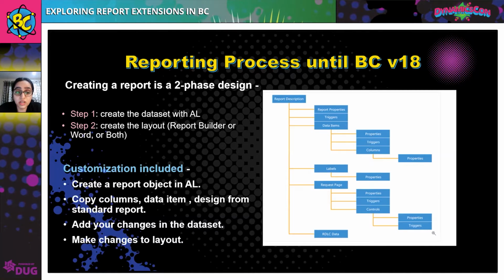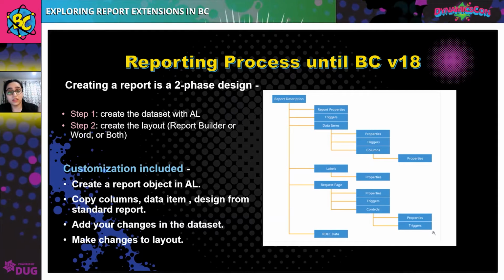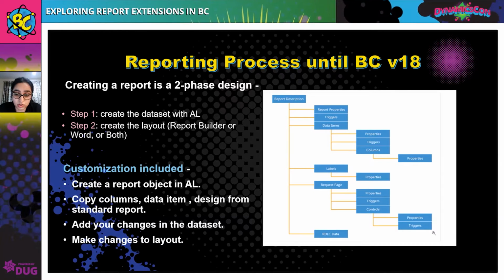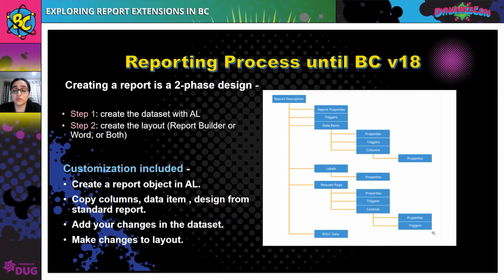Customization basically means we create the report object in AL, we copy the columns and the data items, and then we design the standard reports. We make changes to our data set, and then ultimately we change the layout. This is a long process which we were following until now for Business Central.